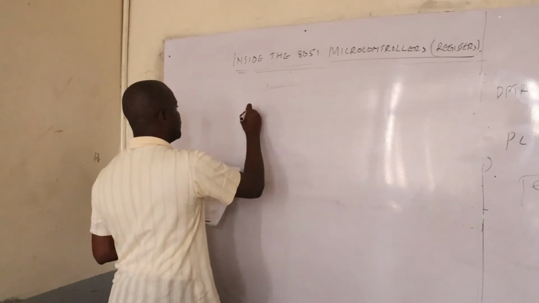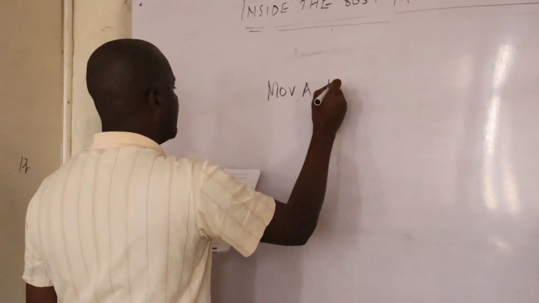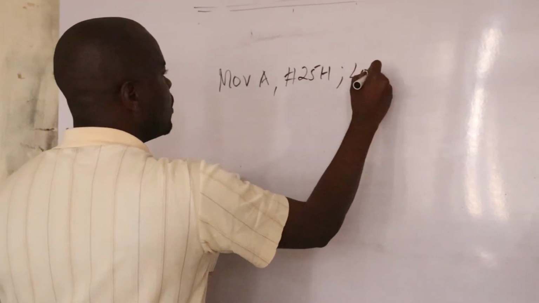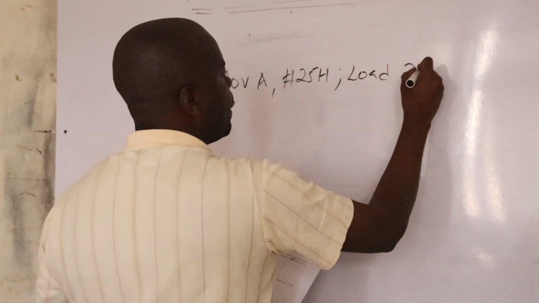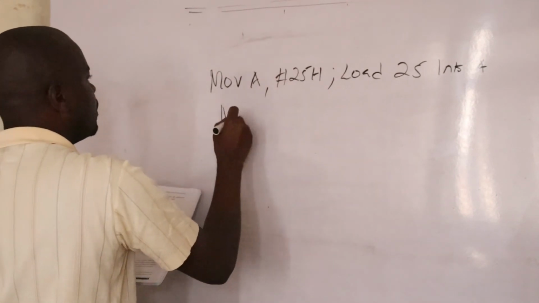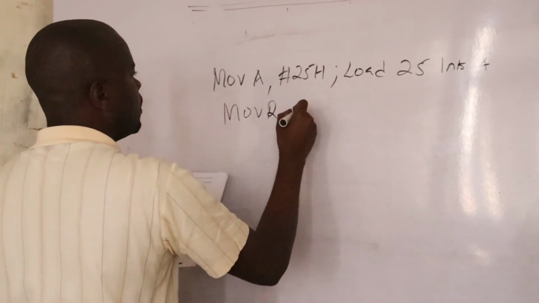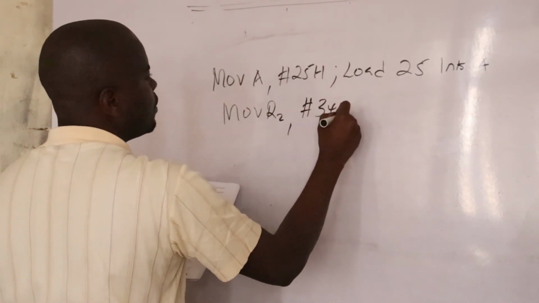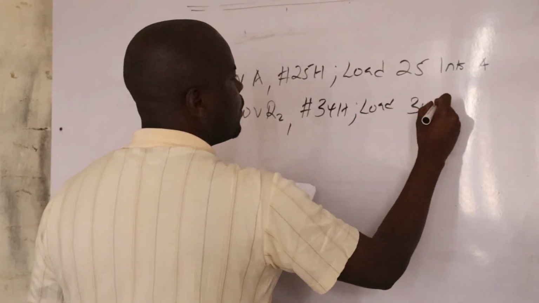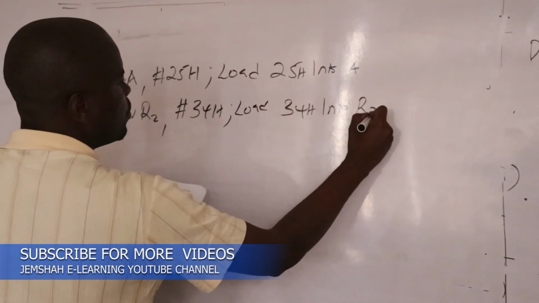We can talk of MOV A, #25H, which means load 25H into A. Then we can talk of MOV R2, #34H, which means load 34H into R2.